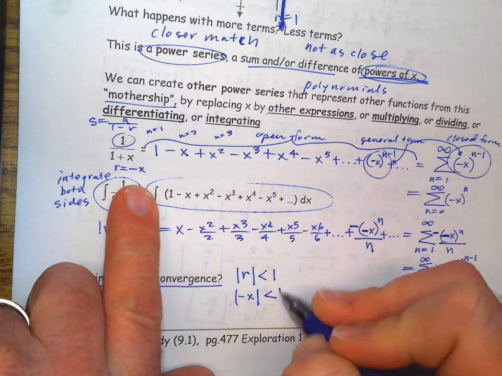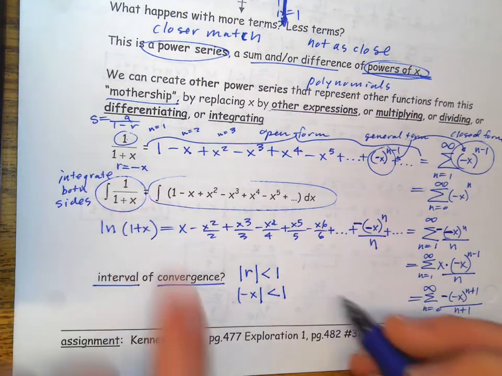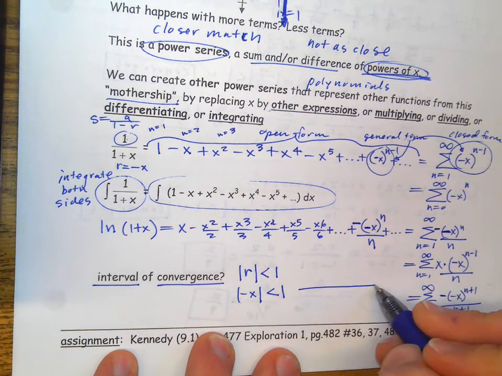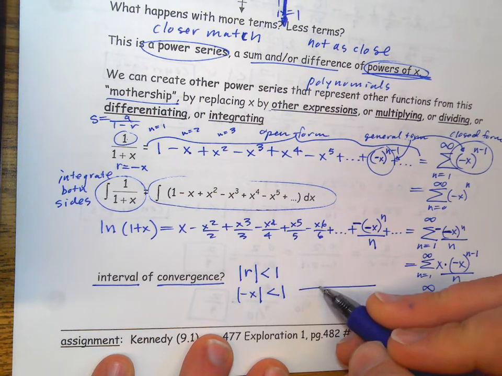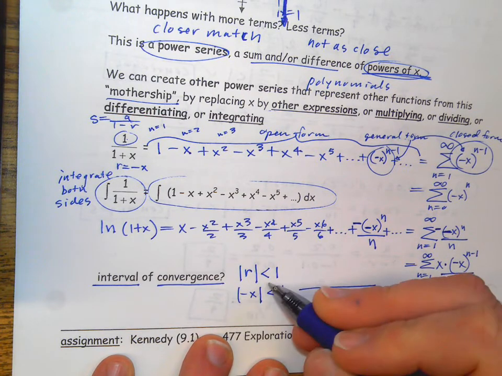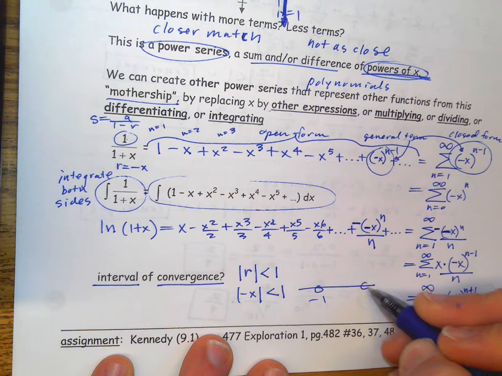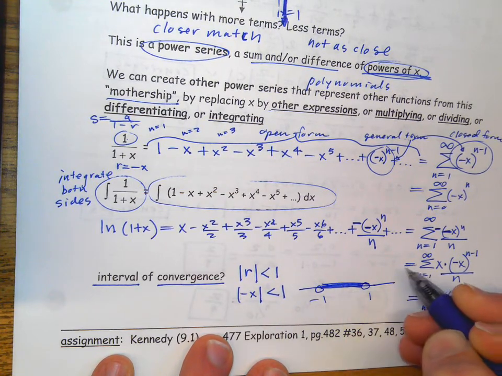So we have to make sure that the absolute value of negative x is less than 1. Now, this is an absolute value inequality. And I mean, you could do a little line check right here. When does x equal 0? What's the border of when this is going to work or not work? It's going to be negative 1 to 1 and everything in between, right?